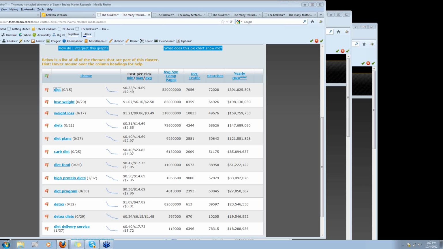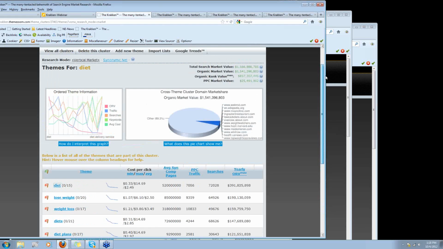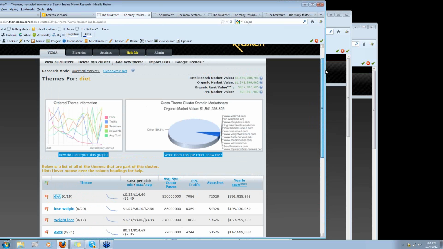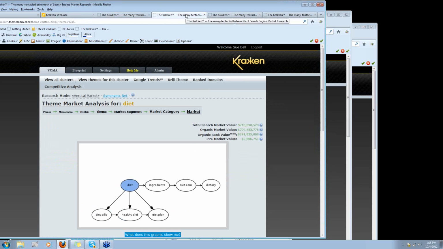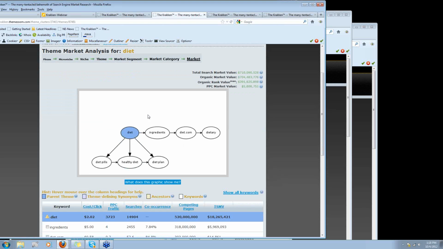All right. So Wayne says, can you actually graph out a vertical market analysis like this? Unfortunately, since I wasn't looking at the questions, I'm not sure. Were you talking about this, Wayne? This is something that Krakken actually does.